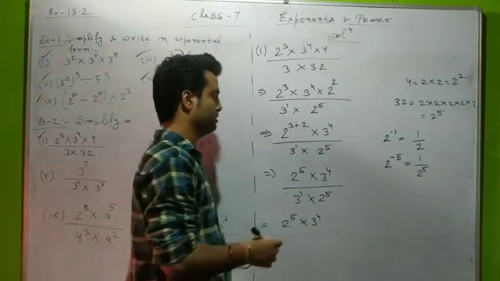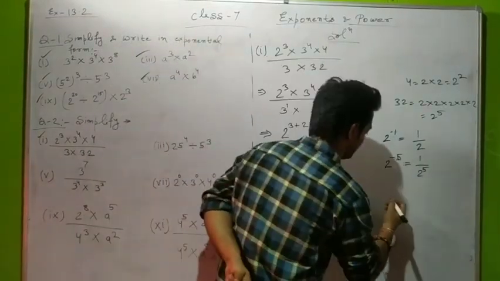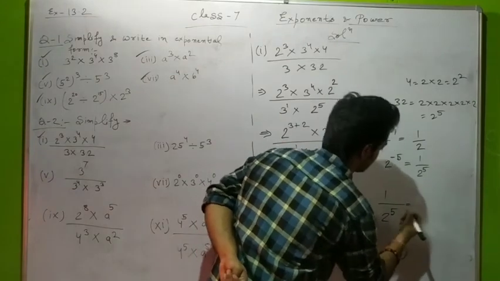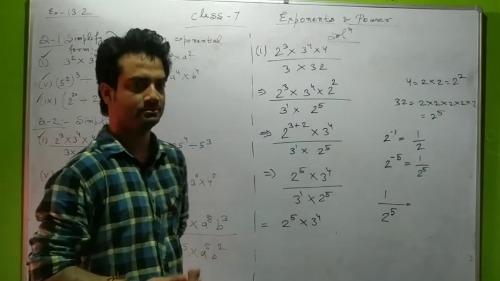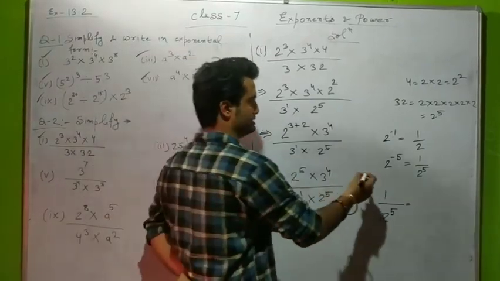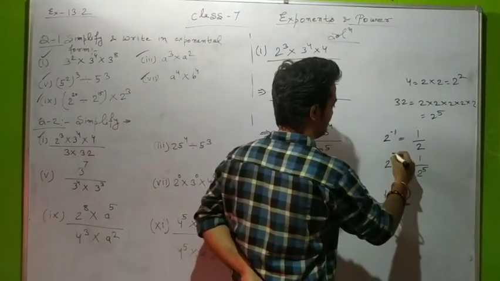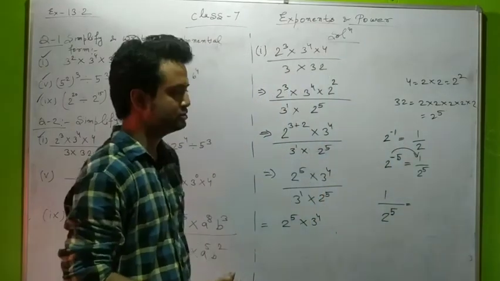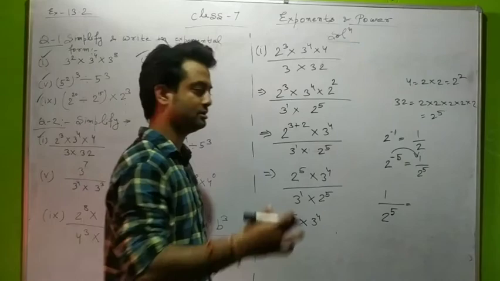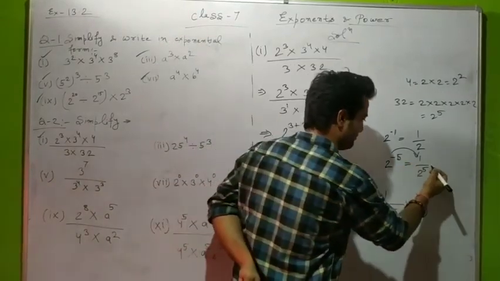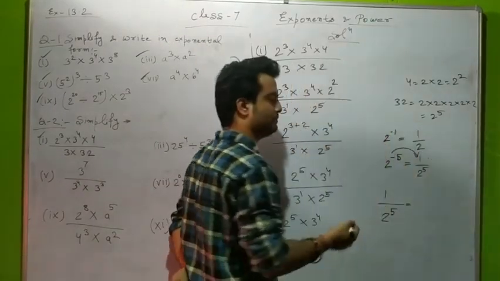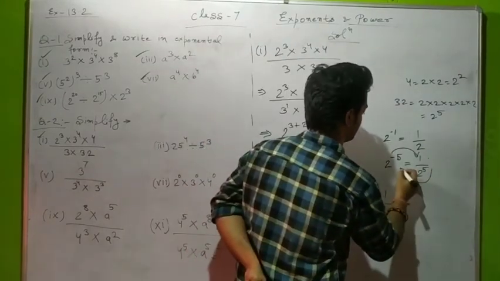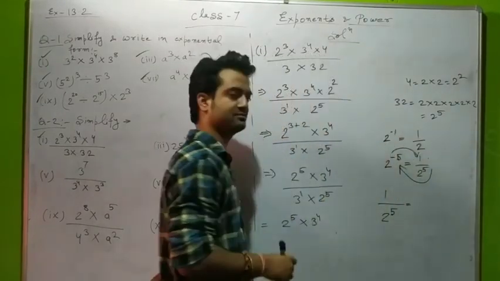Okay. Suppose in the beginning it is 1 upon 2 raised to the power 5. So how can you write it? If 2 raised to the power minus 5 can be written as 1 upon 2 raised to the power 5, we can do its opposite also. That is, if it is 1 upon 2 raised to the power 5 already, we can write it as 2 raised to the power minus 5.